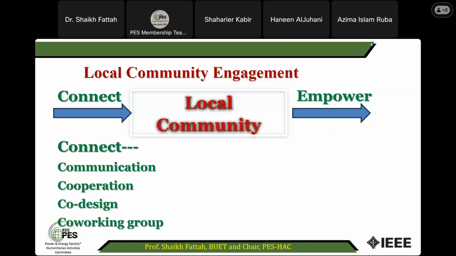There are many ways. You communicate with them, you discuss with them, you talk with them. You see what they're doing and ask them questions. Hey, what are you doing? What's your need? Maybe they're using some sort of technology, and you try to look at that technology very precisely and see if there is any gap, any hole.